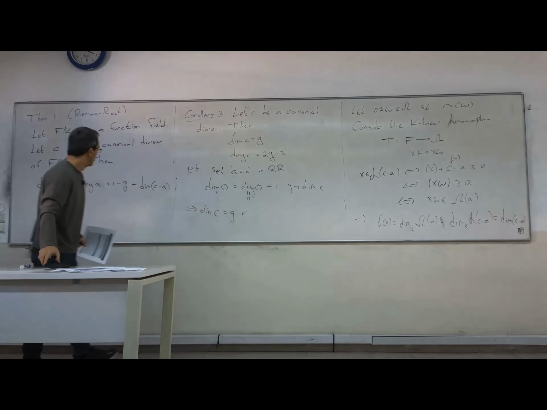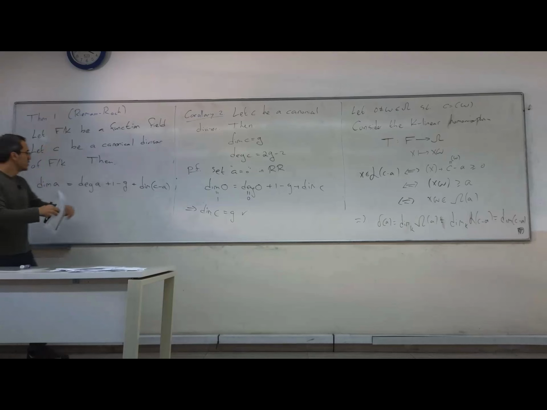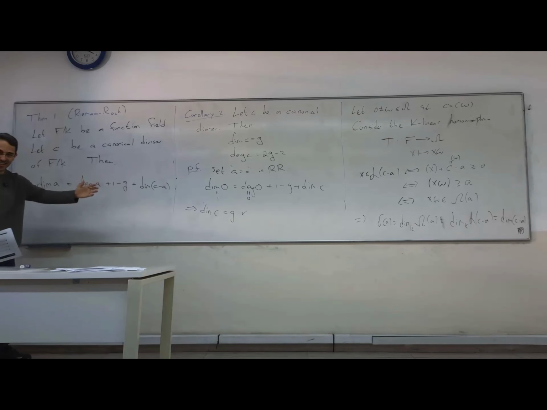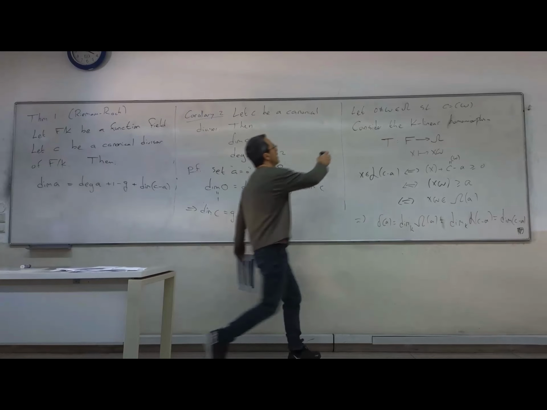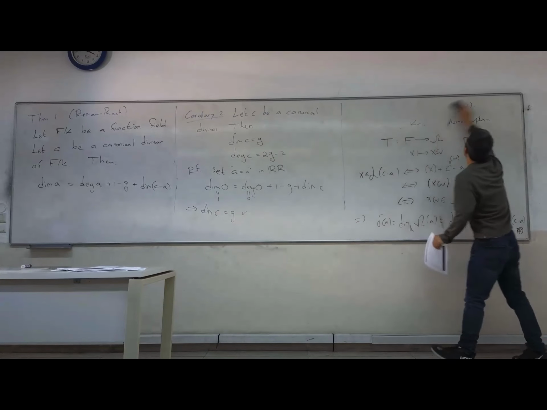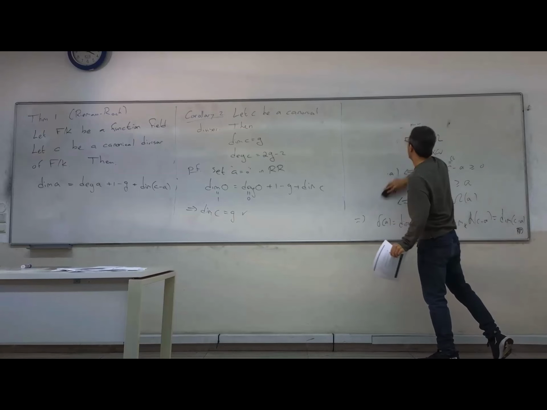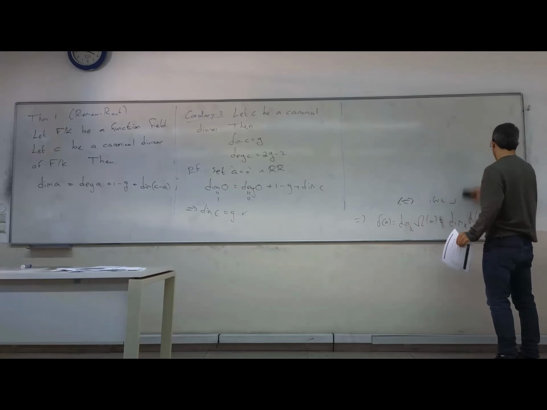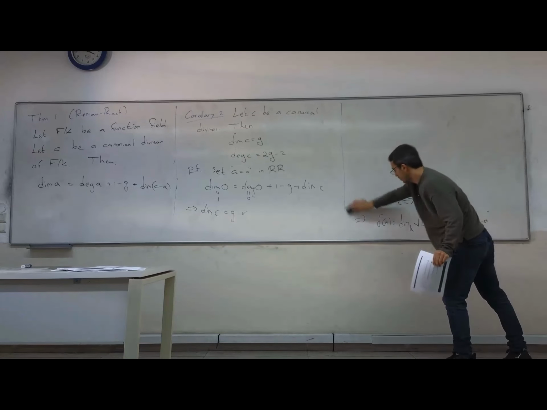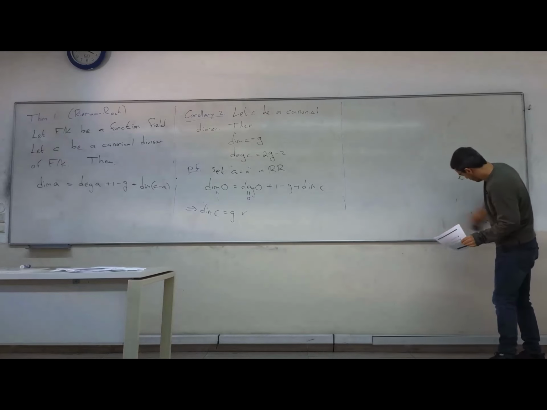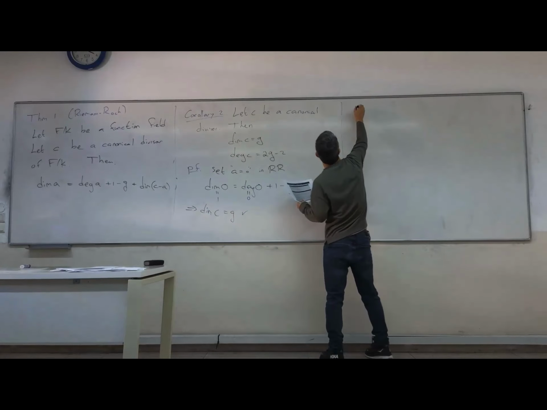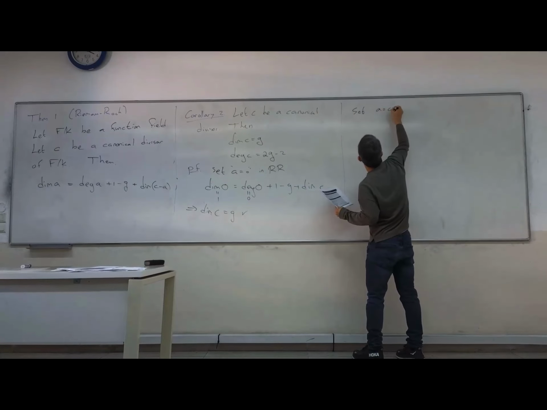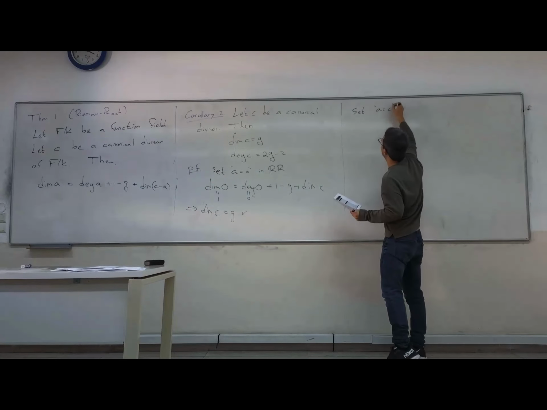Now, as for the degree, if you want the degree of C to appear somewhere, you need to take A to be C. So now set A equals C, again, in Riemann-Roch.